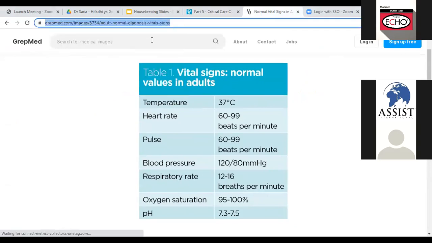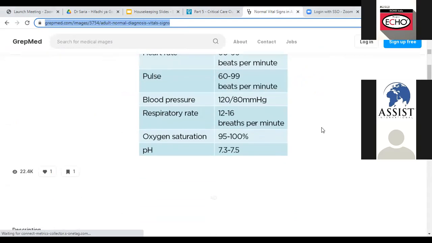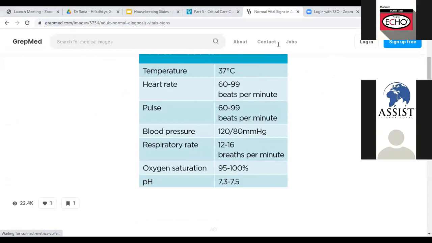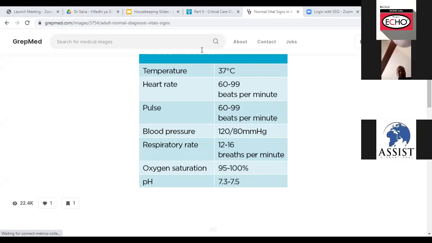So you can just look and see that the saturation is low, because we know the normal is 95 to 100. The blood pressure may look low, but it's not that much low.